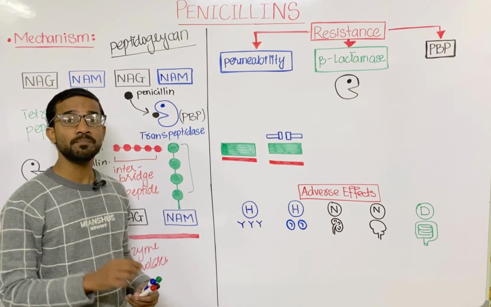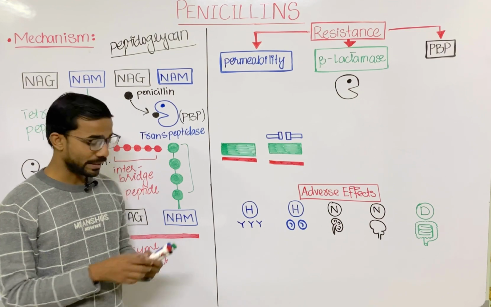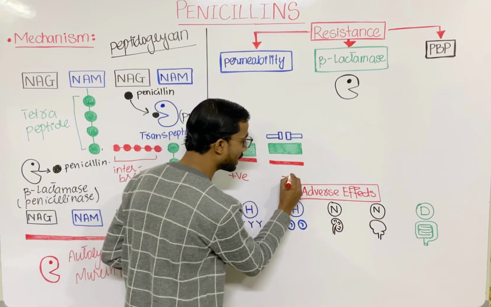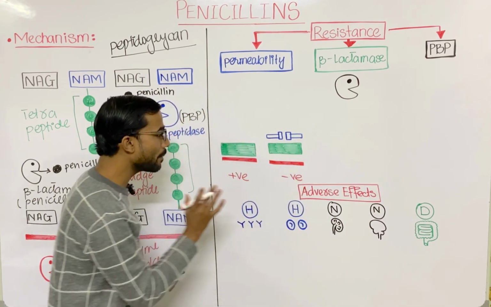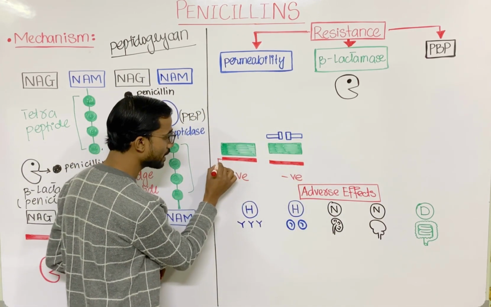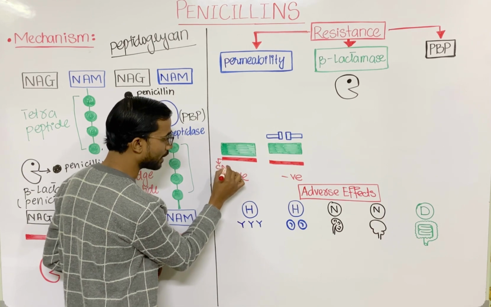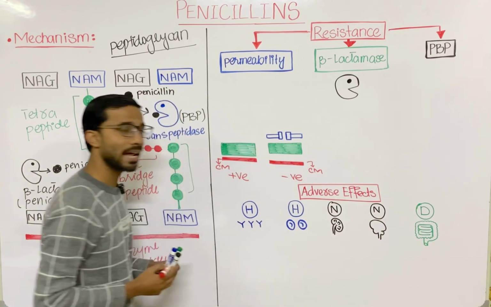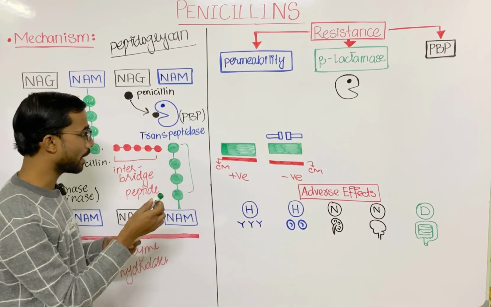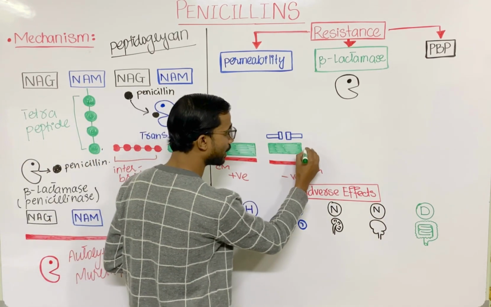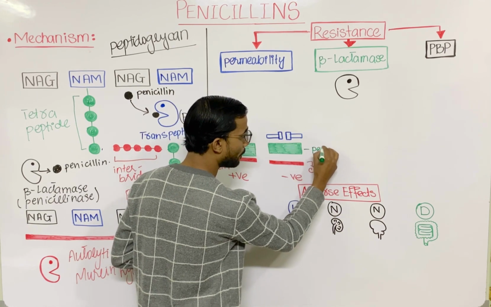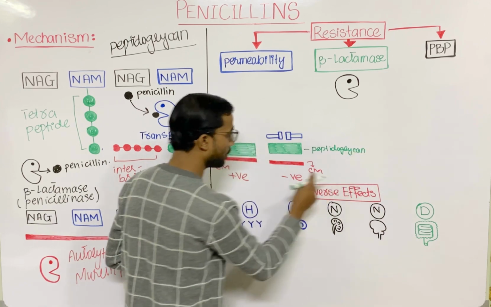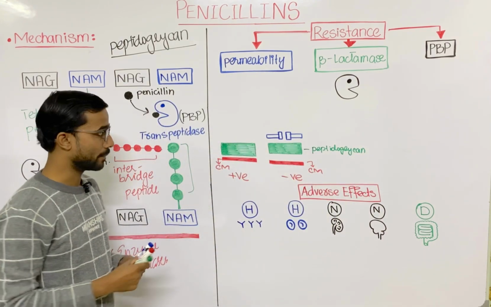If you look at the membranes of the bacteria, here is the gram positive and here is the gram negative. In the gram positive, you will see here is the cell membrane of the positive, here is the cell membrane of the negative gram bacteria, and at the green side, you will see the peptidoglycan.